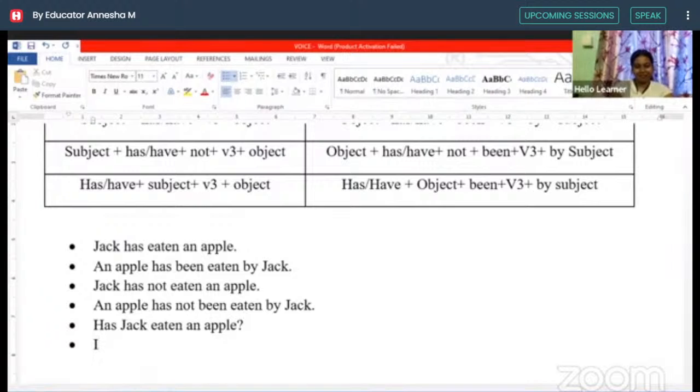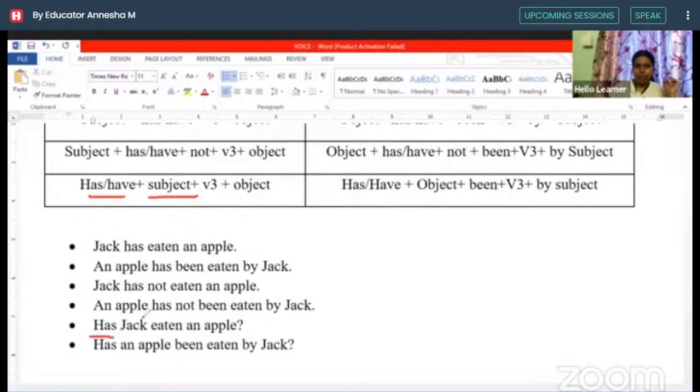Has an apple been eaten by Jack? Absolutely correct. Has an apple been eaten by Jack? Right. So has, subject Jack, V3 eaten, object an apple. Has Jack eaten an apple?